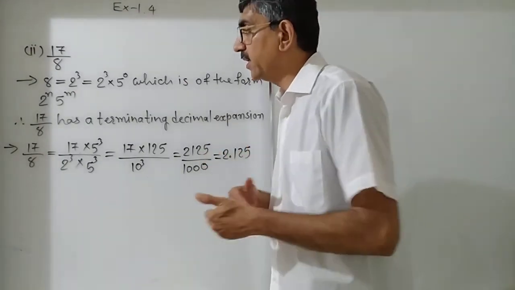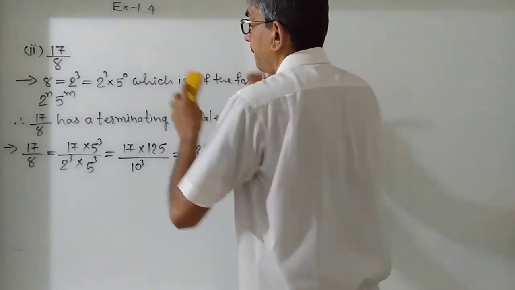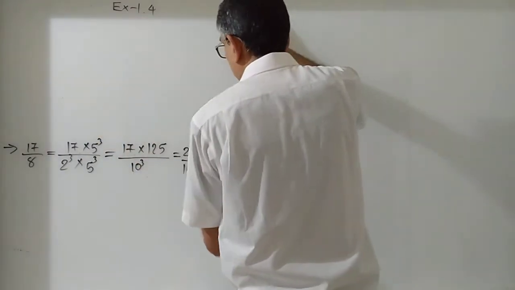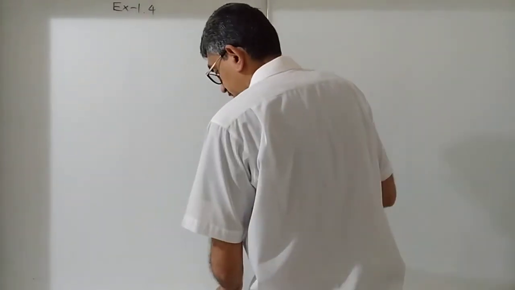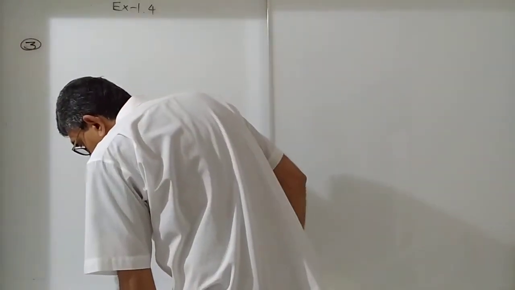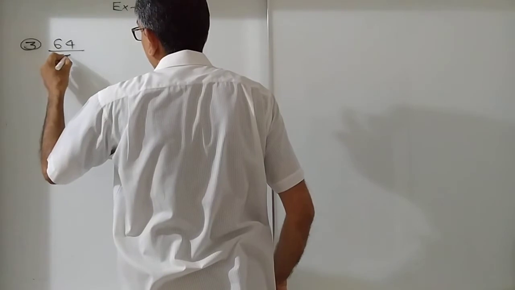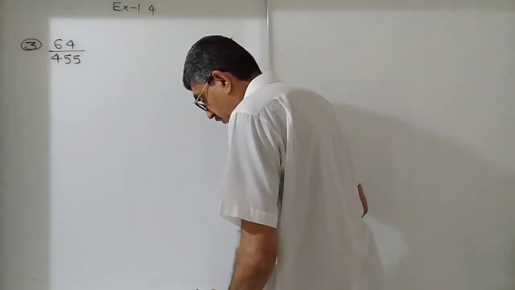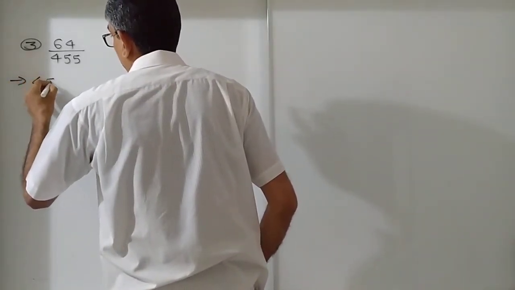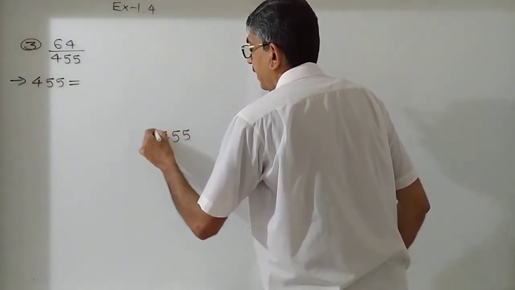Okay, let's do the next sum. Third one is 64 upon 455. Let's try to factorize 455. Okay, let's do rough work first.